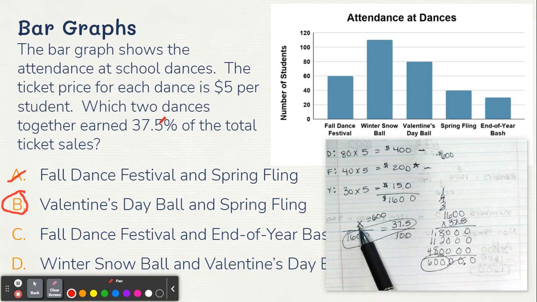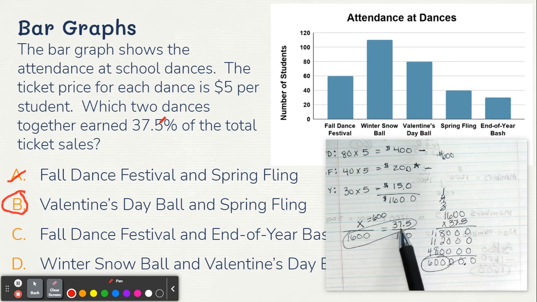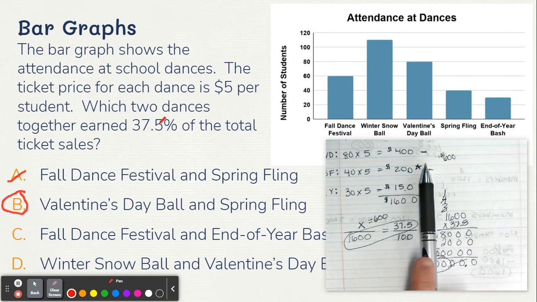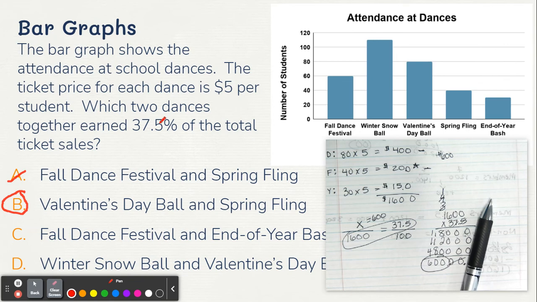I put 37.5, which was the percentage, over 100, and then did my cross multiplication and division. So I found that was 600, and then I found which two added together makes 600. And that's all I had to do.